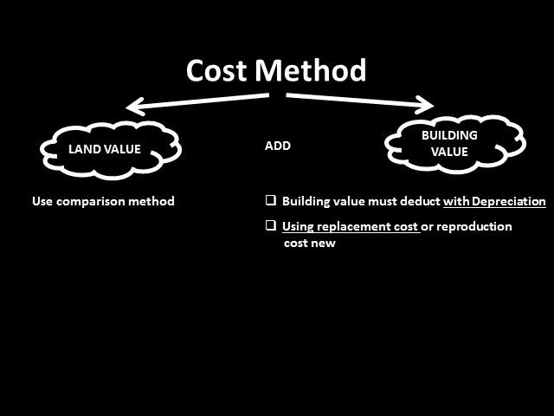So the common basis that we use is replacement cost. For example, you want to construct a petrol station. We are going to build using the current cost and the current design of petrol stations, but it is the same petrol station.